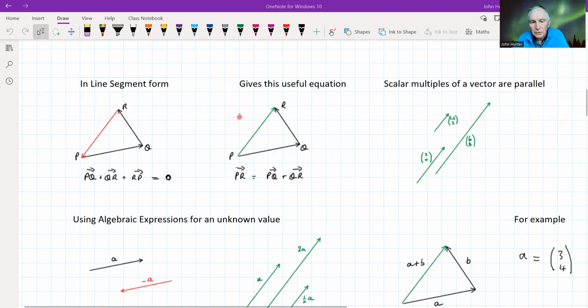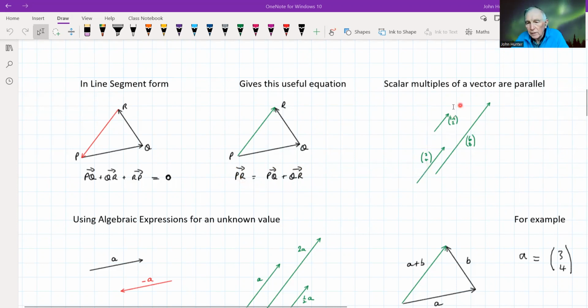There might be another point here, B, into PB plus BR. And this is something that's going to help us solve these problems. So this line segment form is going to be quite useful for manipulating and working out unknown vectors.